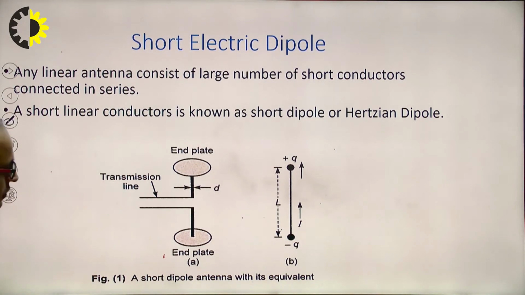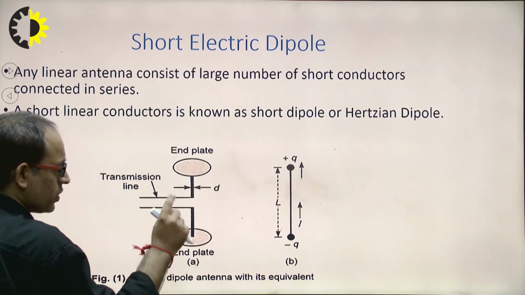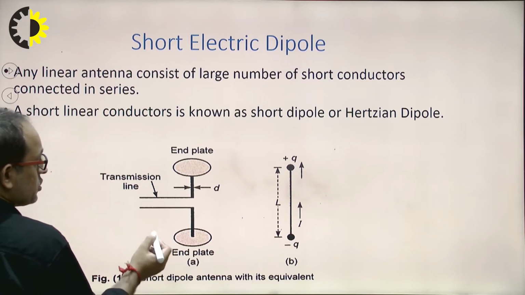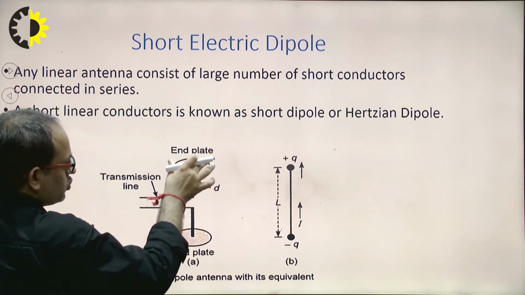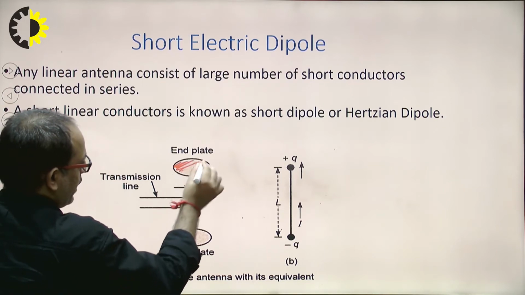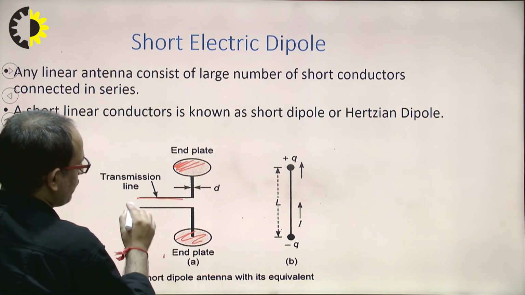Clear? Now, if I say this is a short dipole having a very small length, and I zoom in on that part, there will be an end plate, and this is the end plate A, and this is a transmission line through which the current is passing.